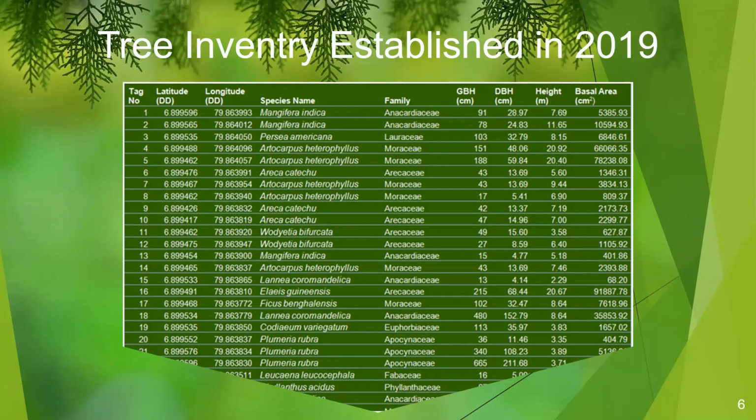So we included all the trees, and we have listed nearly 1,400 trees there, and we have gathered some of the growth parameters as well, and recorded the GPS. We have shared this information with the former curator, because there was one suggestion at one of the meetings of this center to label all the trees again. So we shared this information with the center as well as with the curator.